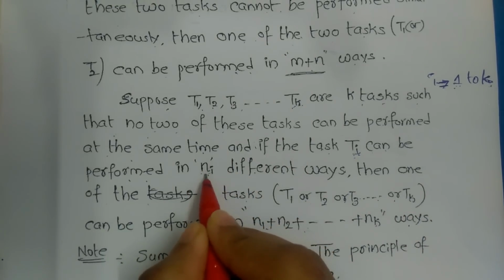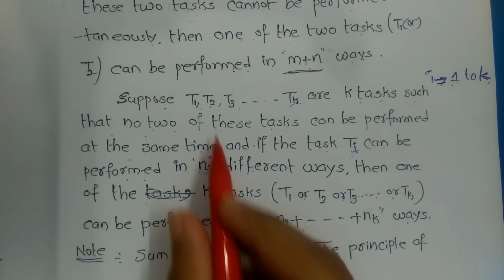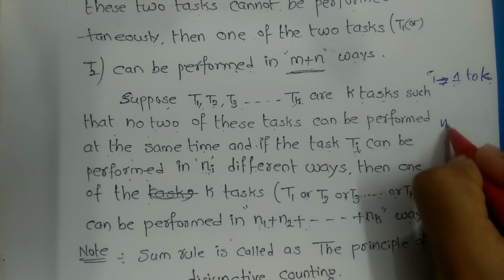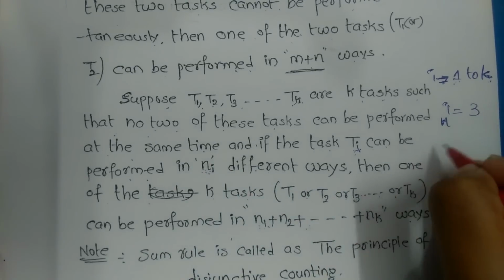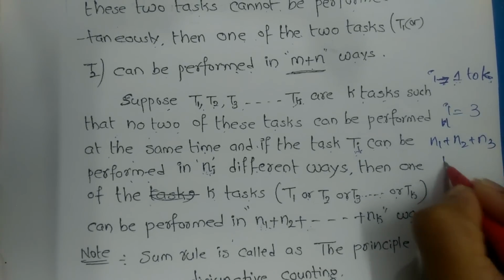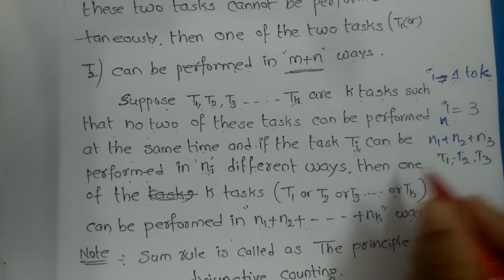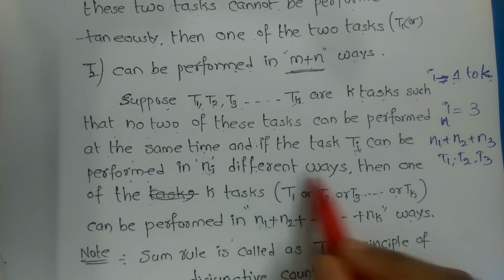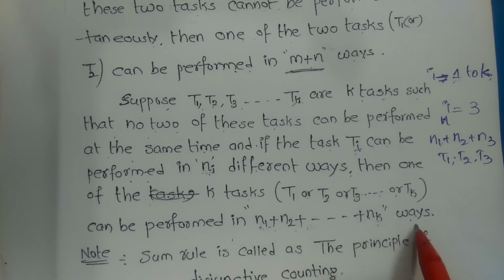For example, if I take k equal to 3, then it is n1 plus n2 plus n3 different ways, and there will be 3 tasks, T1, T2 and T3. So we just add all the values of n, which are the different ways, giving n1 plus n2 plus and so on up to nk different ways.